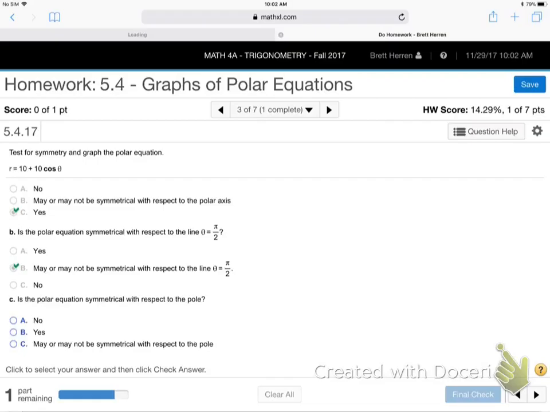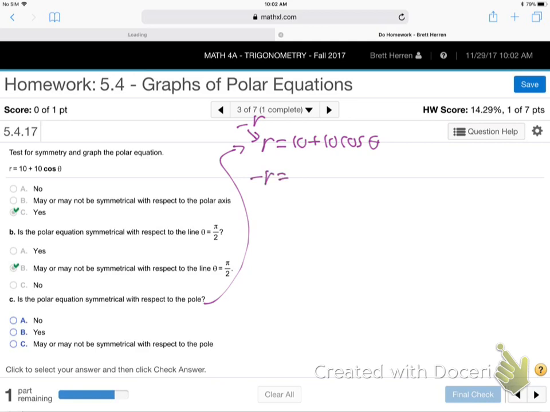Okay, part C. For this one, r equals 10 plus 10 cos theta. What do we plug in to see if it's the same through the origin? Negative r, right? Because if you backfire and it's the same, then it's the same on the other side of the origin, the same shooting through the origin.